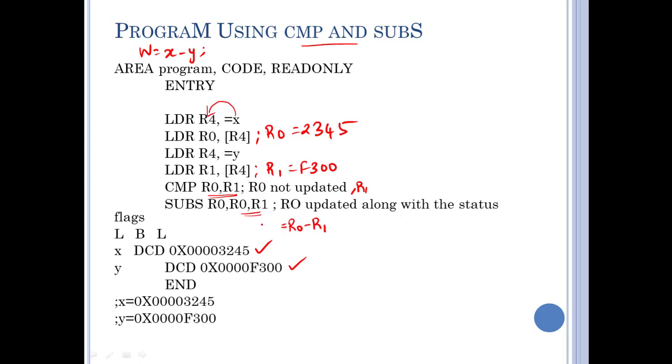The result is updated in R0. Here also, by using your compare instruction, it is R0 minus R1 only. Only your CPSR flags will be affected. Now if you subtract these two, this is a greater number, right? Only your negative flag, N flag, will be set to 1. Other flags will be 0. This we will check now with the program.